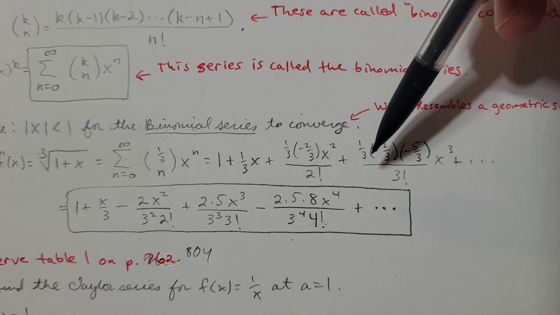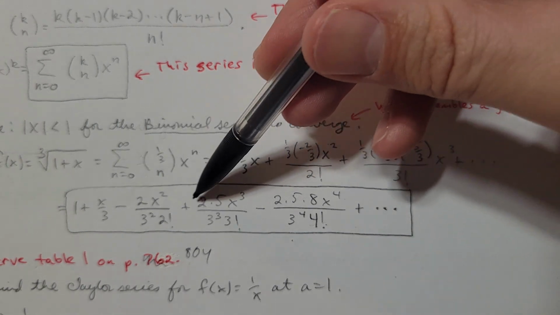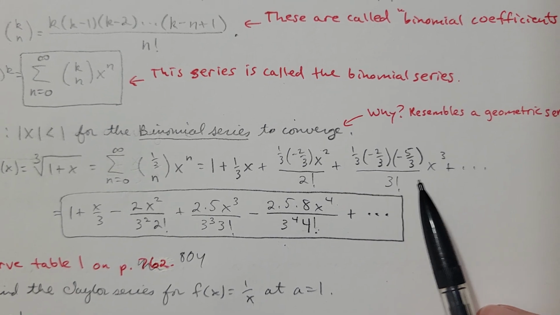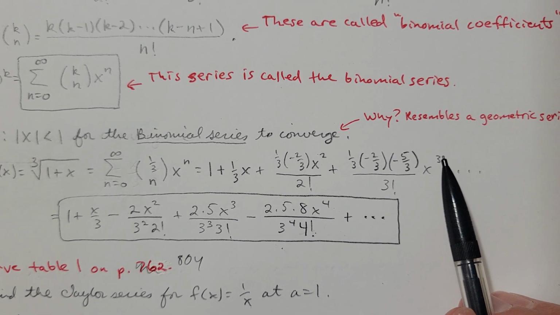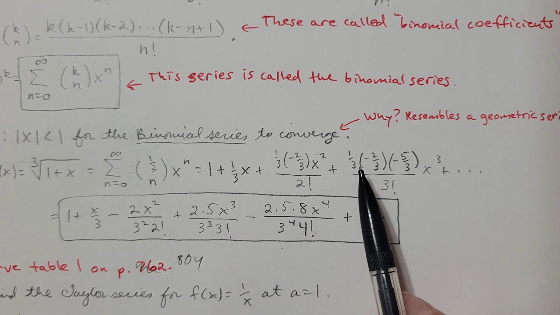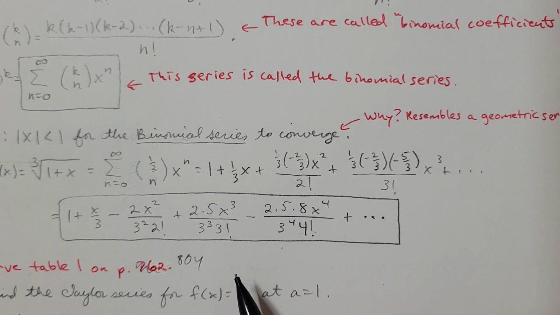Plus, negative times negative is positive, right? So plus 2 times 5 times x cubed divided by 3 factorial times 3 times 3 times 3, that'd be 3 cubed.